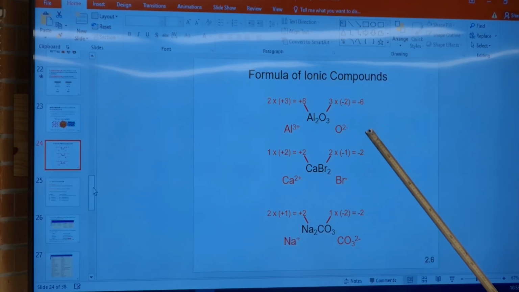So these 3 examples tell us that for any ionic compound, total positive charge always equals total negative charge. As a compound, no net charge. And the formula of an ionic compound is always an empirical formula.